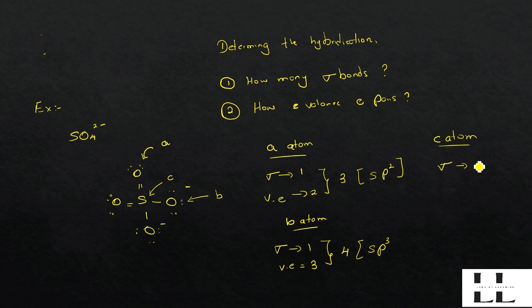Sigma bonds are 4. Any valence electron pairs? No, none on sulfur. So the total is 4, which should be sp3 hybridization. So this is all about hybridization. In the next video, let's talk about VSEPR theory, which is more important to determine the structure or geometry of a molecule.